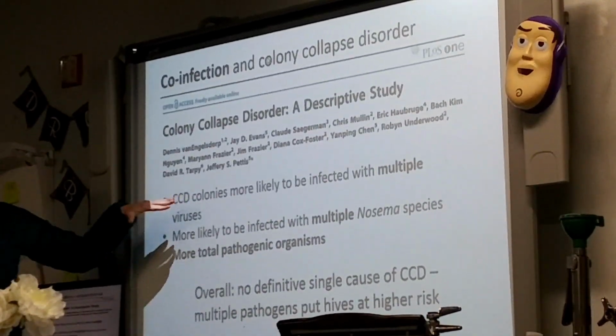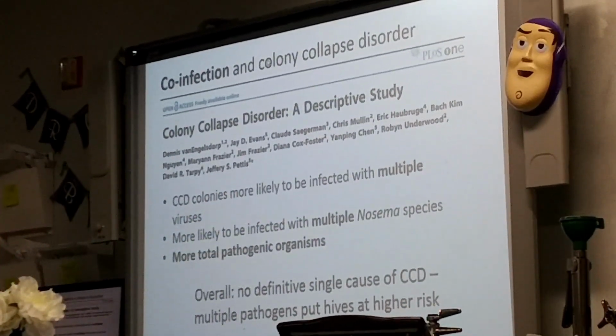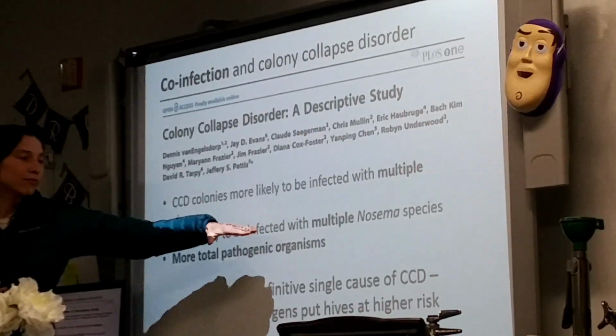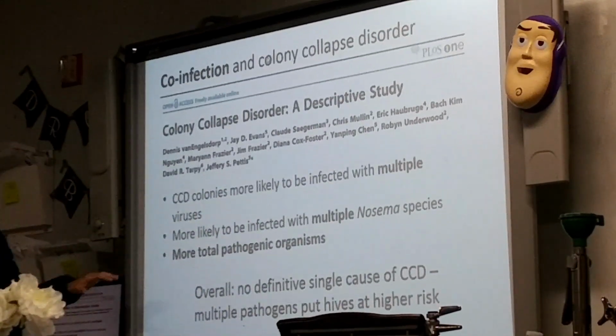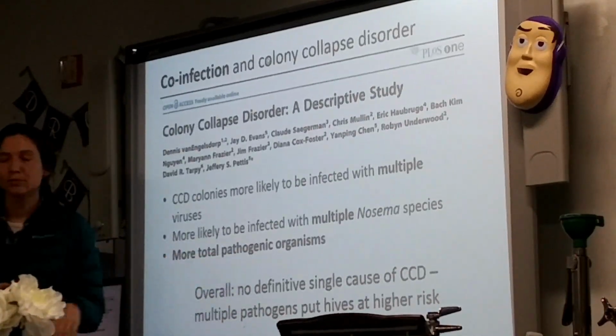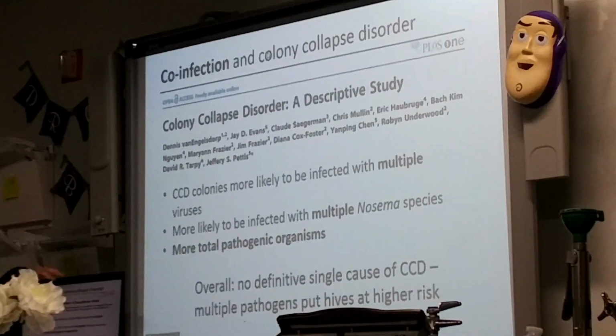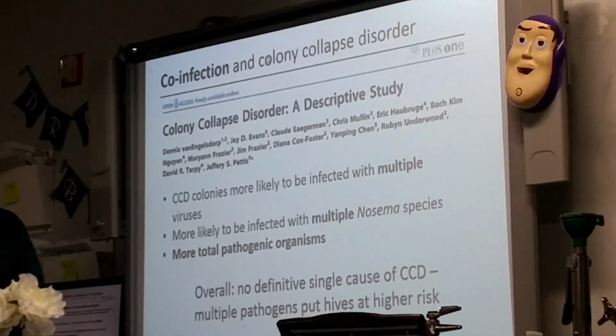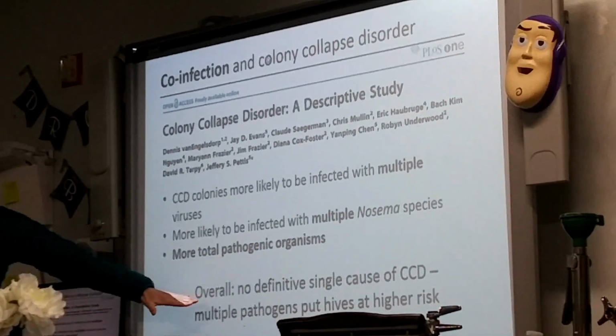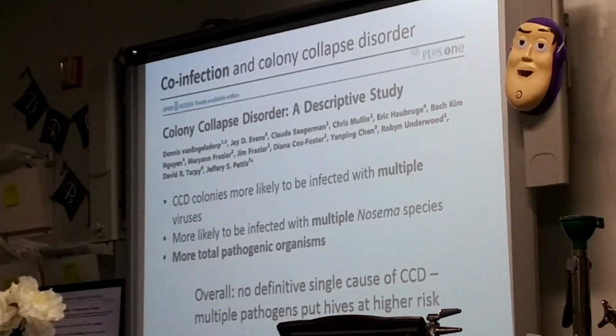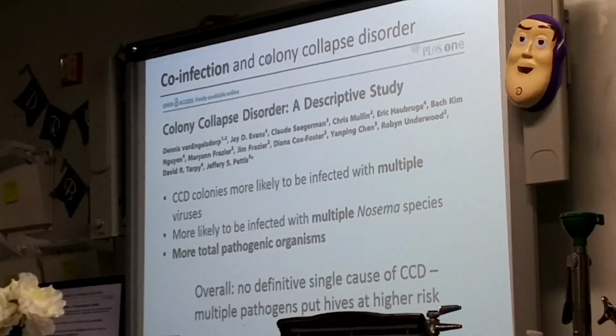So they found that CCD colonies were more likely to have multiple viruses or more likely to have multiple Nosema species. If you add all of the pathogenic organisms, again that's bacterial pathogens, fungal, and viral, you find that there are more in these collapsing colonies. So no definitive single cause of CCD, but when you have a bunch of pathogens, it increases your risk.